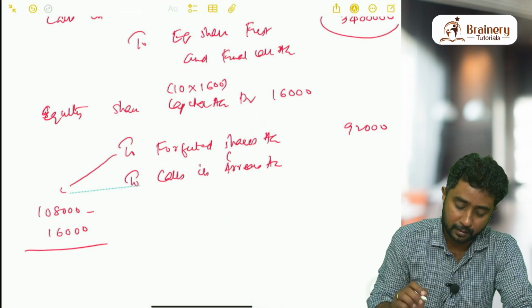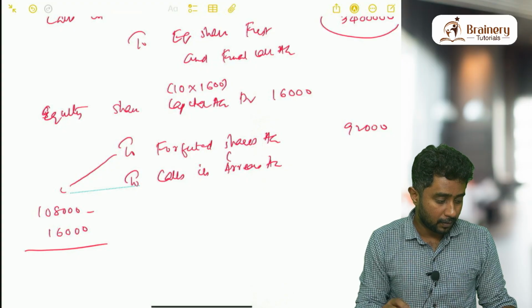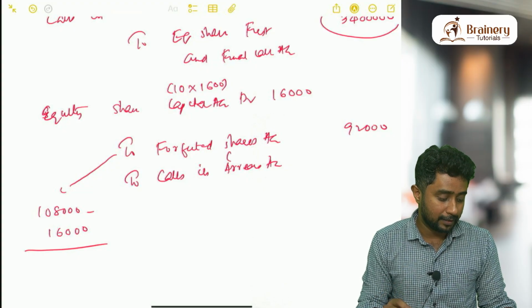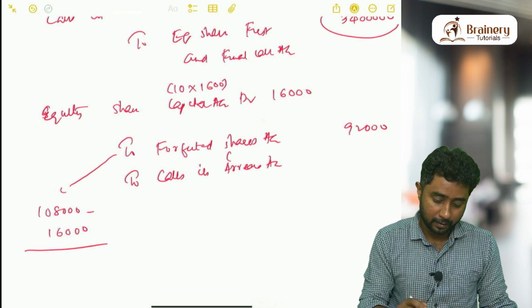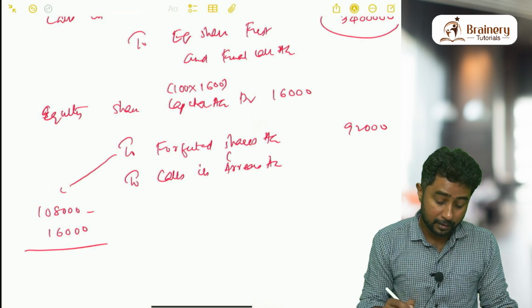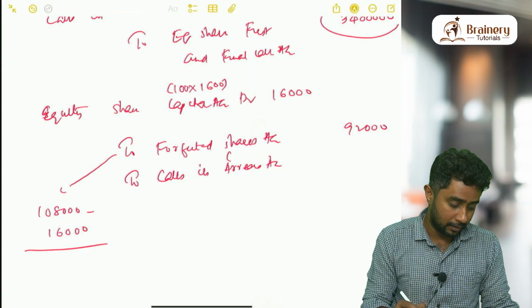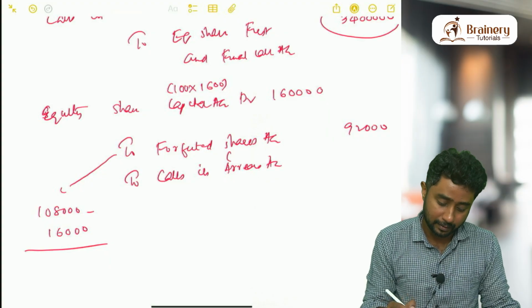In forfeited shares account, how much we have to show? He has paid totally 3600 shares. I'll repeat once again, 3600 shares into how much rupees? 30 rupees. Here in equity share capital also, I forgot to mention 10. Actually it is 100. So 1600 into 100 will come, which will give us 1,60,000.